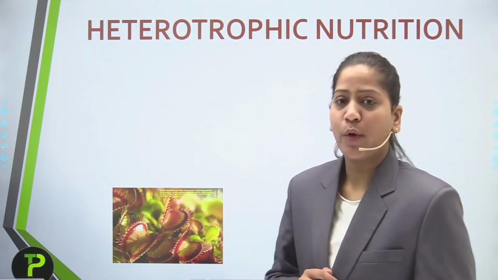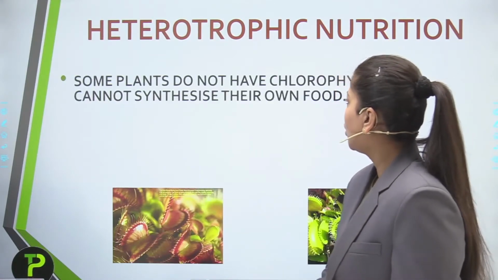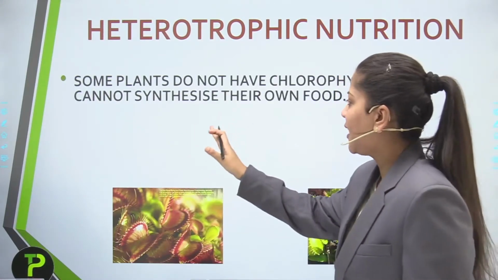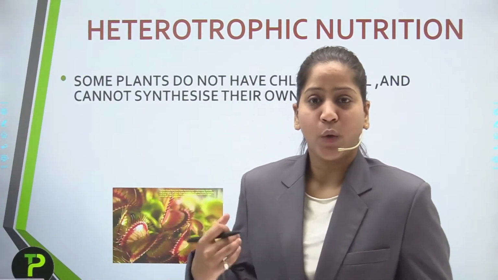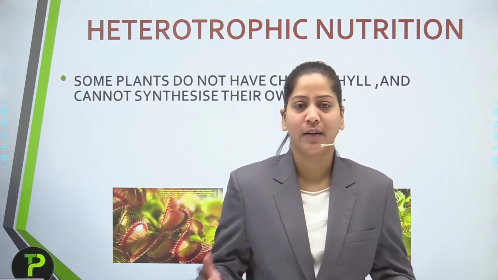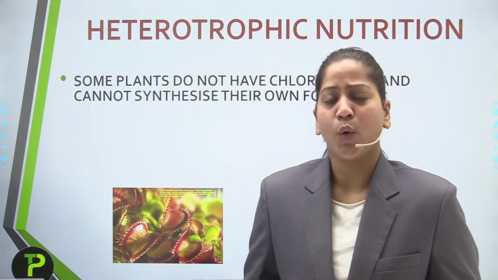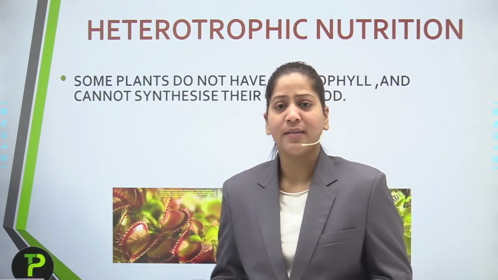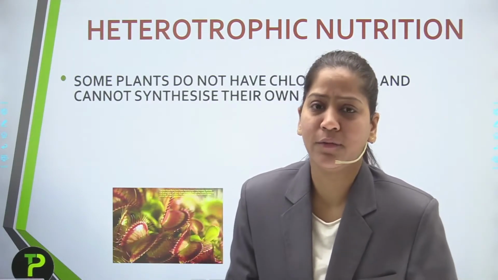So the first point in this topic is some plants do not have chlorophyll and cannot synthesize their own food. As we know, for plants there must be chlorophyll present in them to prepare food and for photosynthesis to occur. So some plants are there in which chlorophyll is absent, and some plants have chlorophyll but cannot prepare their food.